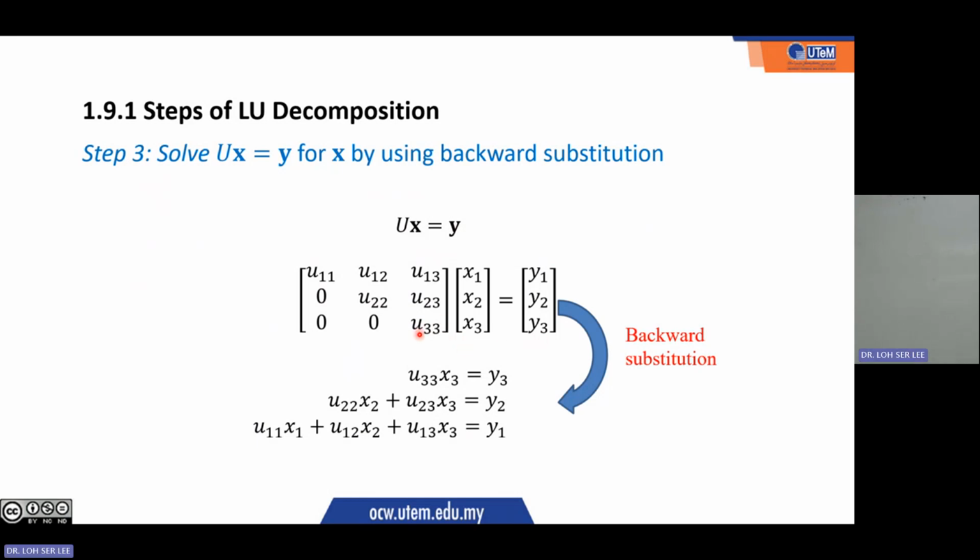You know the values of U33 and Y3, so you can solve for your X3. When you know your X3, solve for your X2 from here. Then solve for your X1 from the first row. We start from the last row, so this is called backward substitution. At the end, we will find the values of X3, X2, X1, and put them in a vector form.